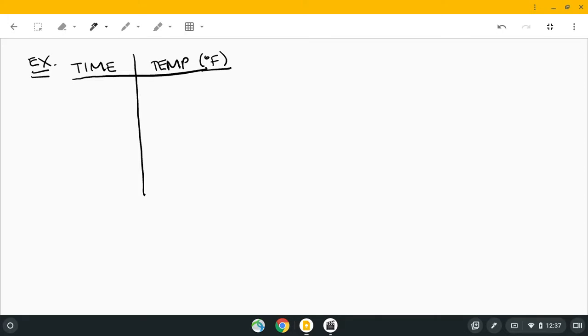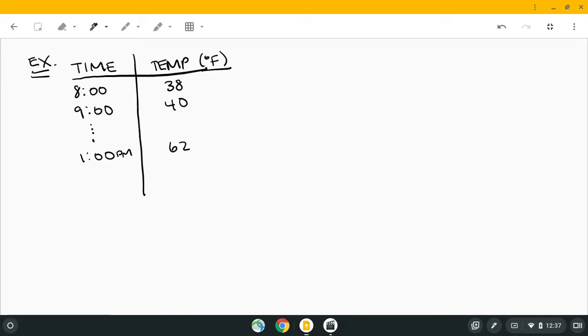Let's suppose that at 8 a.m., we start off kind of cool at 38 degrees. At 9 a.m., we're now warming up a little, and I don't want to write all of the temperatures for every hour. I'll just write the ones for the hours that we're going to deal with. So 8 a.m., 38, 9 a.m., 40, we're warming up. And then by 1 p.m., we're at 62 degrees.